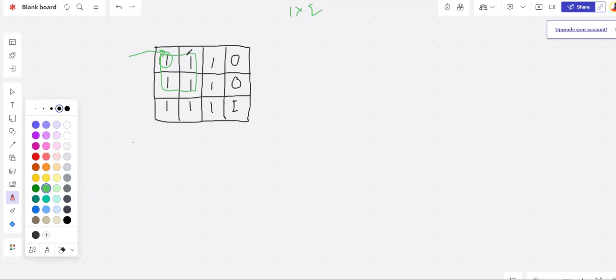Yes, this can form a 2 cross 2 as well. And we can go ahead and see this will definitely belong to 3 cross 3 as well. But this will have more complexity, because for each cell, we say it belongs to 1 cross 1, then from here we see whether it belongs to 2 cross 2? Yes. And then whether it belongs to 3 cross 3? Yes. So inside the loop, we have to iterate at each place a number of times. But can we optimize this?